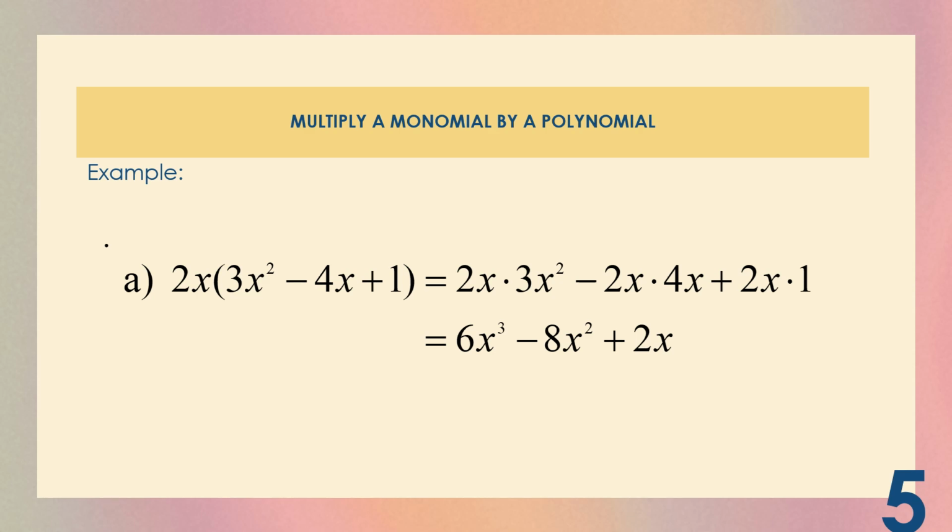For example, we have 2x times 3x squared minus 4x plus 1. We multiply 2x times 3x squared, minus 2x times 4x, plus 2x times 1. That is 6x cubed minus 8x squared plus 2x.